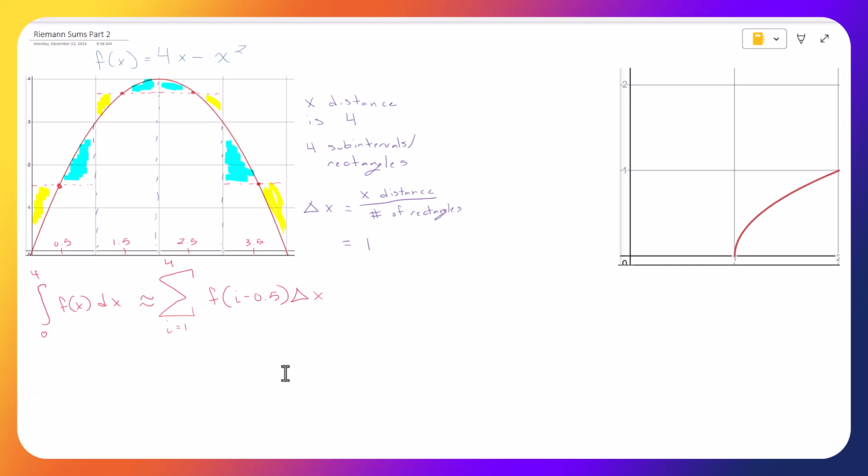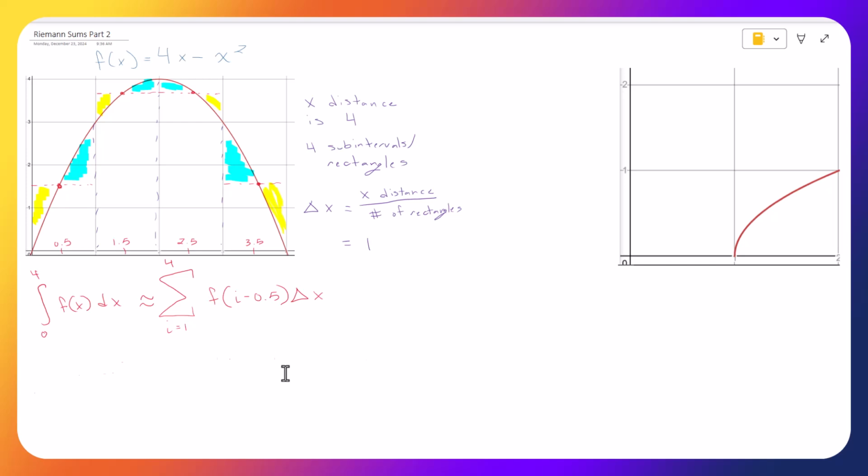Well, it's going to be equal to f of 0.5 times 1 plus f of 1.5 times 1 plus f of 2.5 times 1 plus f of 3.5 times 1.